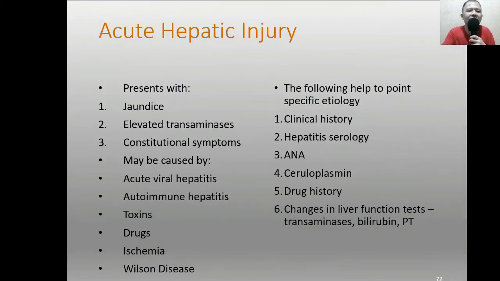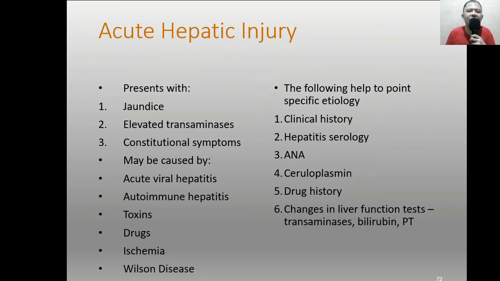So in general, acute hepatic injury presents with jaundice, elevated transaminases, and we know the pathophysiology and the constitutional symptoms such as fever, and may be caused by the following. The following help to point to the specific etiology. Of course, the proper history, and we need the help of hepatitis markers.